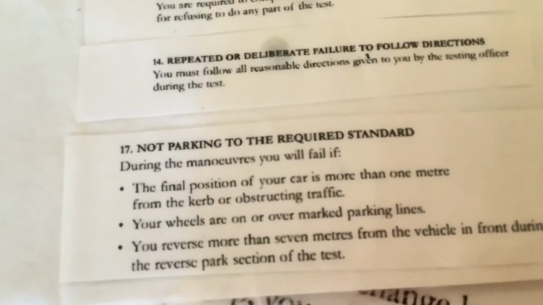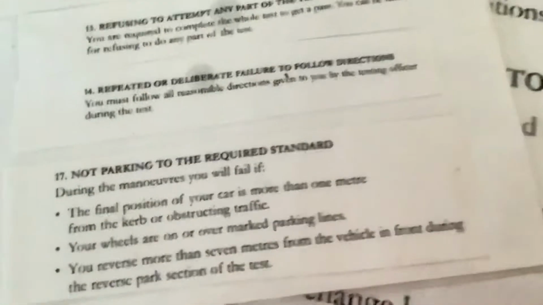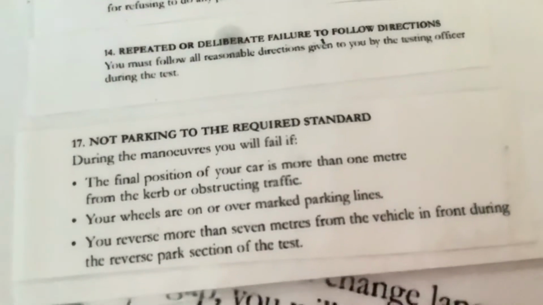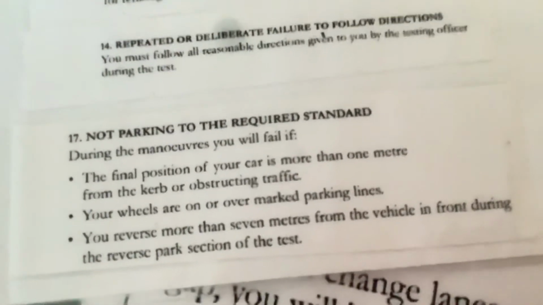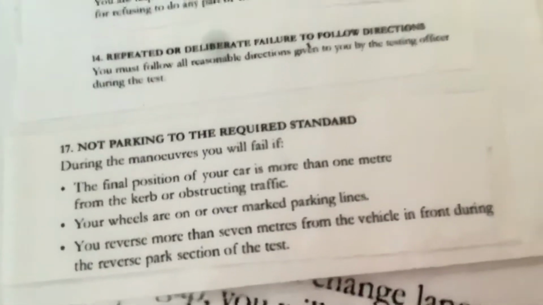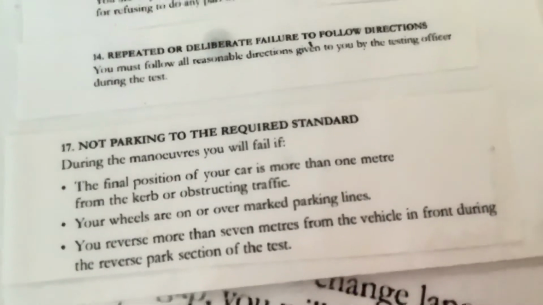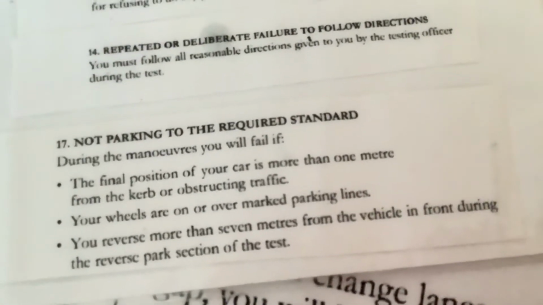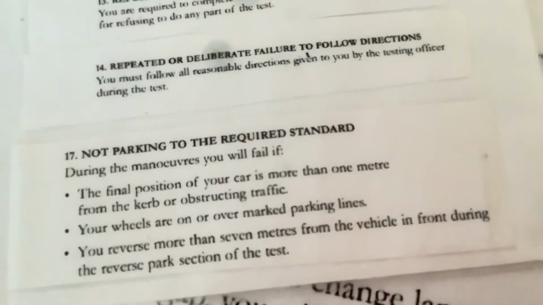Okay, and then not parking to the required standard is F17. For car parking, reverse parking, triple turn, the first thing is our goal is to overlap the gutter. Another important thing is you must not reverse more than 7 meters from the vehicle in front during the reverse park section.